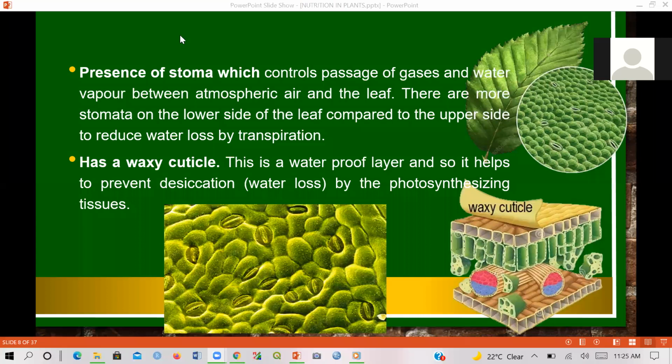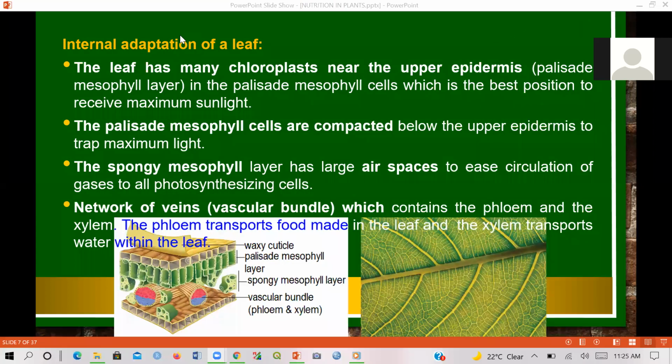We know in the veins, we have the vascular system, that is vascular bundles, that is the xylem and the phloem. So they could split those into two so that they get two separate marks. We have the xylem for transporting water, then phloem for transporting manufactured food.